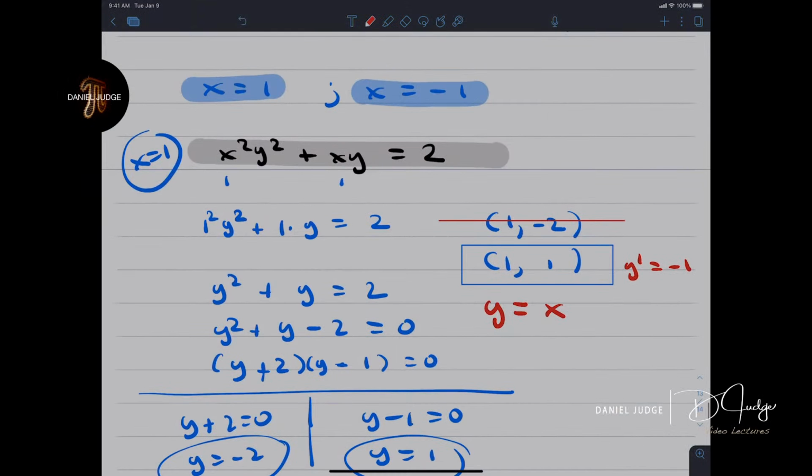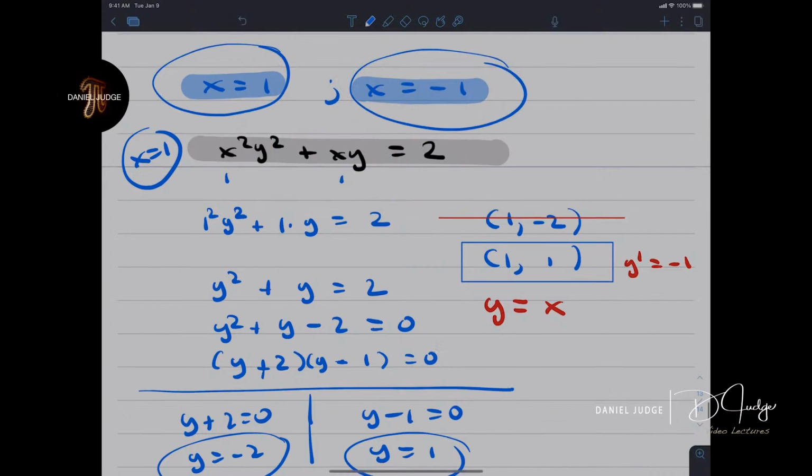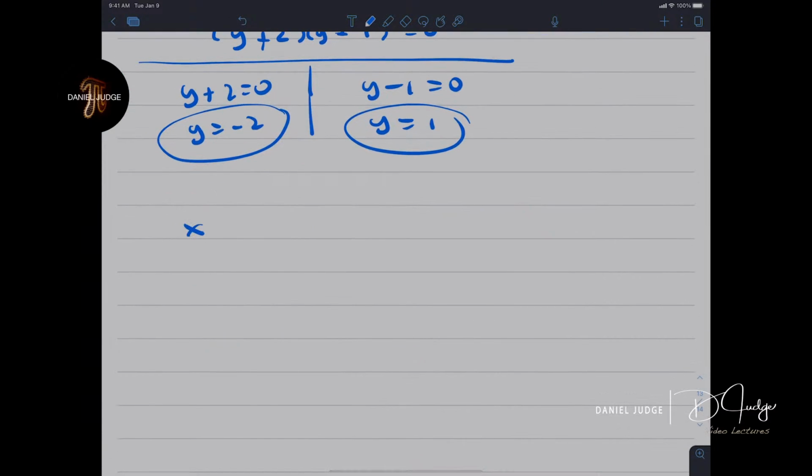What you want to now do is look at the situation where x is -1. Because we did x is 1, now we have to look at when x is -1. So when x is -1, plugging that back into our relation, -1 squared, x squared, plus -1 x will be 2. X squared minus x is positive 2. And I think these are the y values, I apologize.